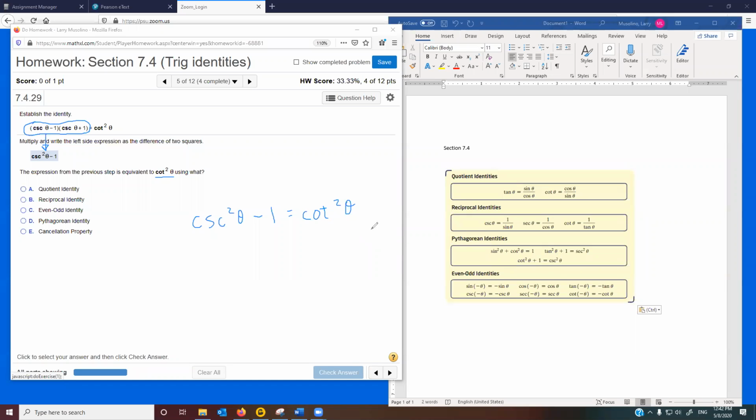Well, you might notice that if I was to add 1 to both sides of this equation, I would end up with cosecant squared theta equals cotangent squared theta plus 1. Well, that exactly matches a Pythagorean identity. So really the answer to this question is we know this is true based on this Pythagorean identity.